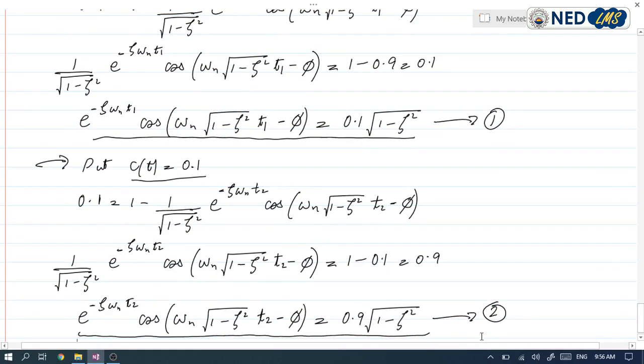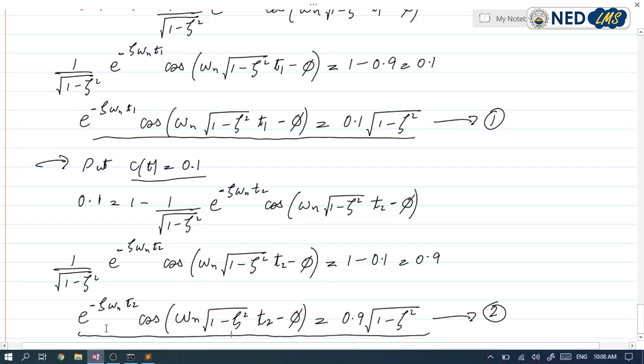Here we have two equations and we have to subtract them to get the rise time, but the problem is that these are non-linear equations and we cannot solve them mathematically. So we have to use another technique or a computer program to solve these equations.